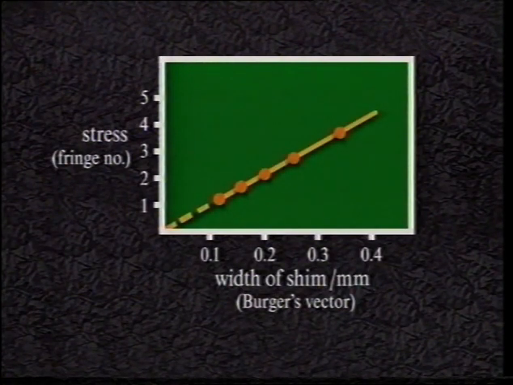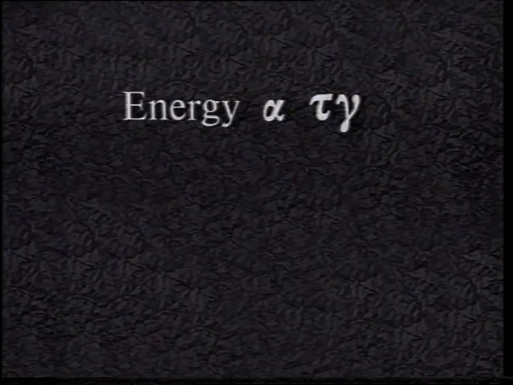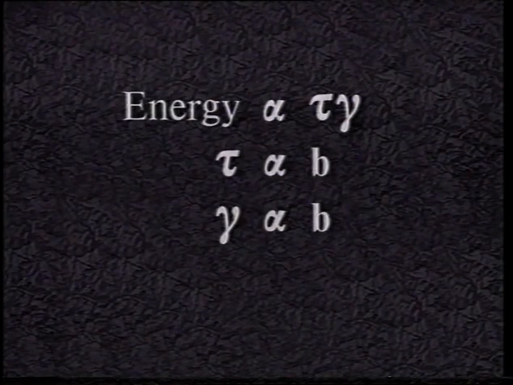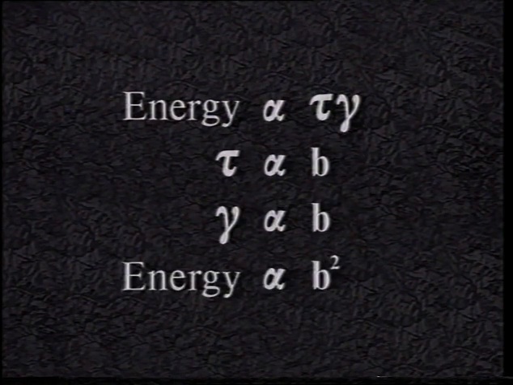It is linear, so we conclude that the stress and strain is directly proportional to the Burgers vector of the dislocation. Since the strain energy per unit volume at any place depends on the product of stress and strain, it follows that since both stress and strain are proportional to the Burgers vector B, the strain energy of a dislocation must be proportional to B squared.